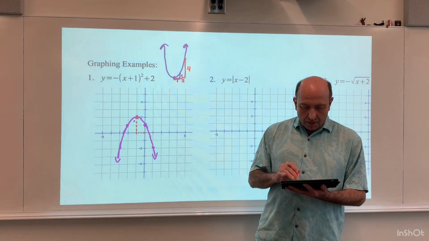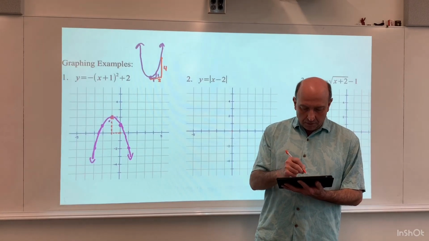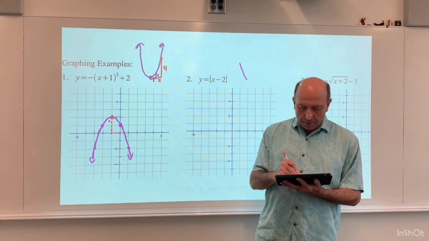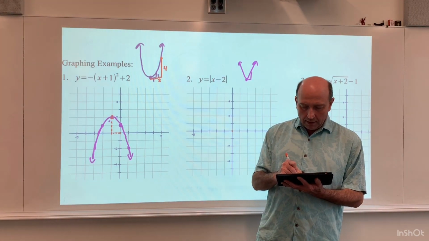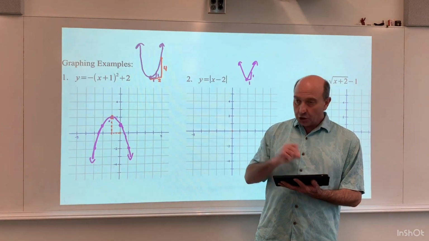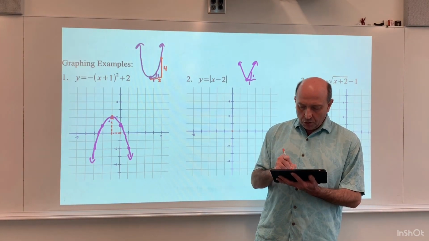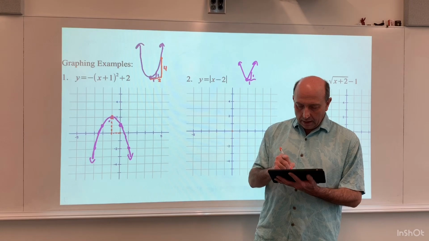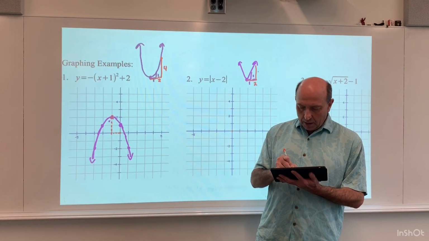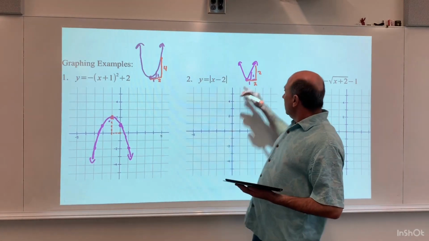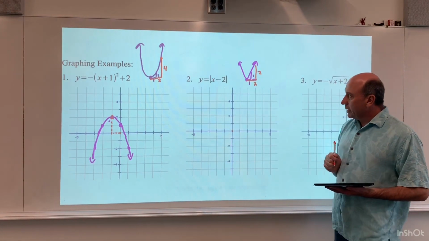All right. The absolute value is V-shaped. It starts at 0, 0. It goes over 1, up 1. And it's just straight. So it goes over 2, up 2. Just a constant rate of change.